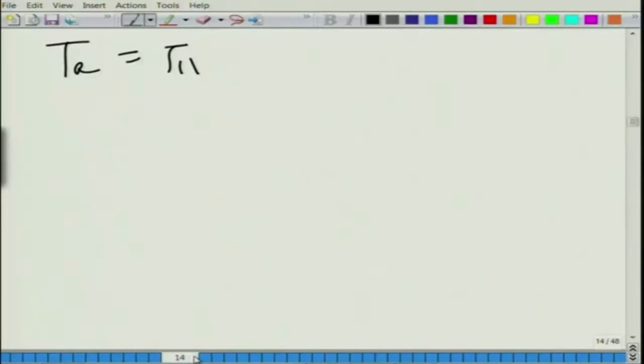I am just writing down the equations, and we need to introduce a few more variables which come from the previous lecture 3. Once we simplify these things, you will be able to get it.